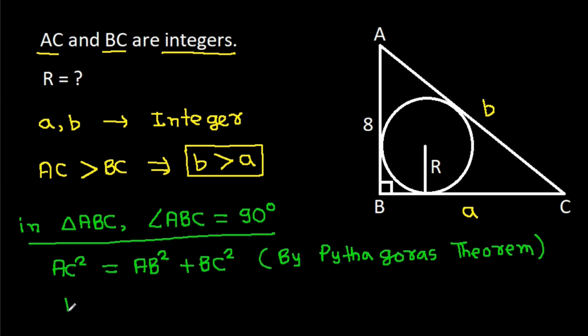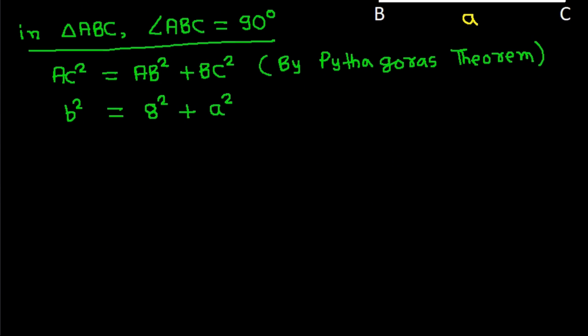And AC is b, so b square is equal to AB is 8 square plus BC is a square, and b square minus a square will be 8 square, that is 64.